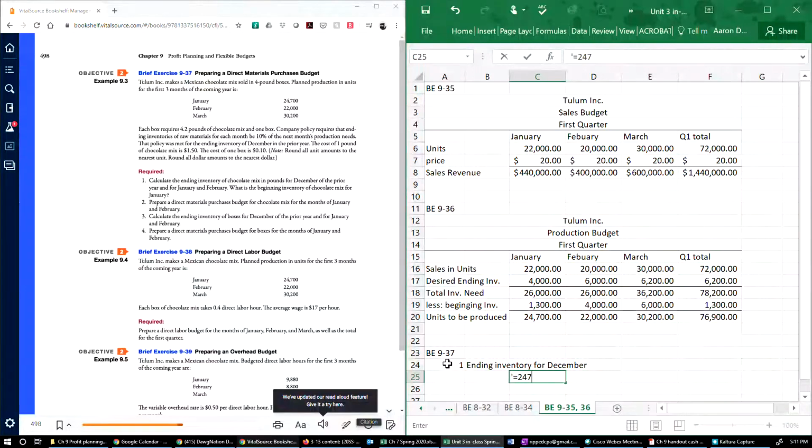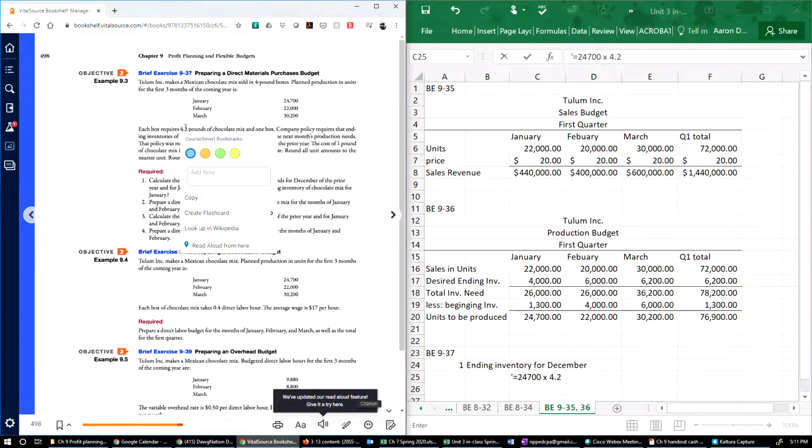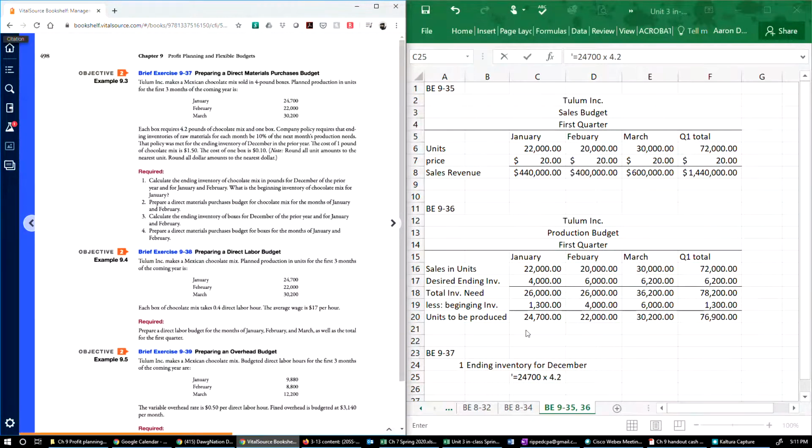So we'll start with the following month's production, which is January of 24,700, and we'll multiply that times 4.2, which is the number of pounds of chocolate in each box. And then we will take 10% of that amount, and that should give us the ending inventory for December.